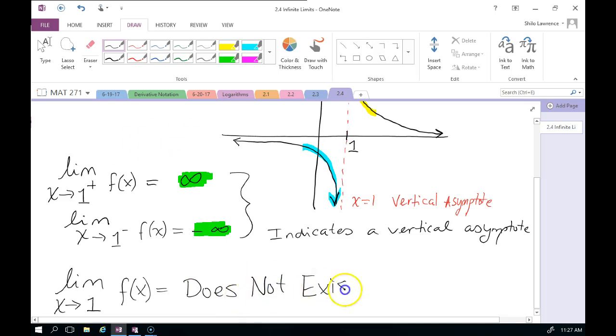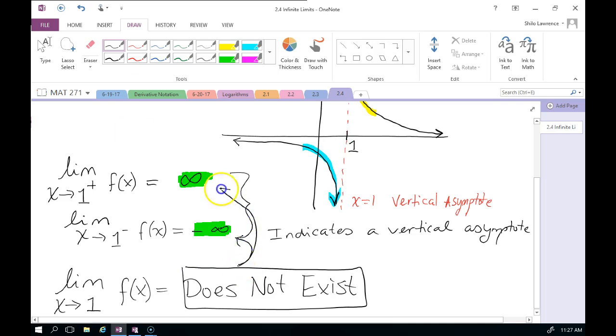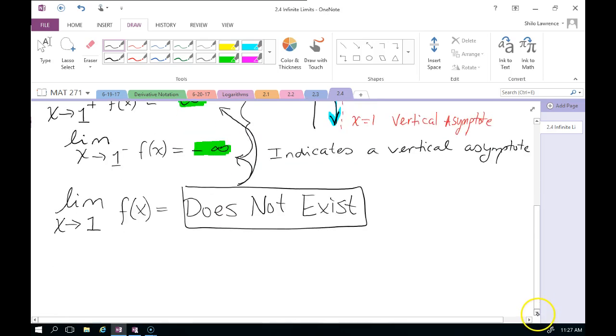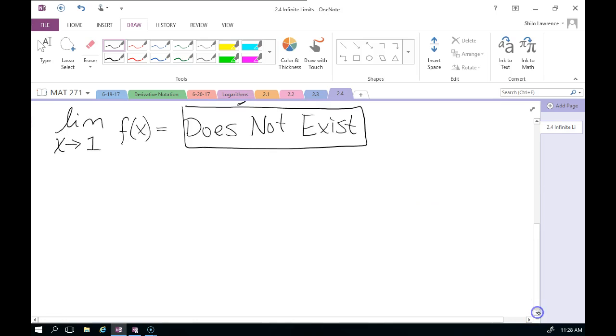Because from the left and from the right, it's doing two different things. If they were going in the same direction, then we could say either positive infinity or negative infinity.